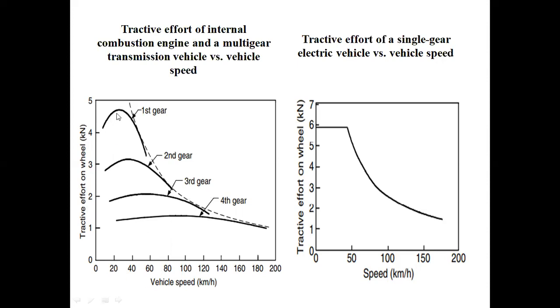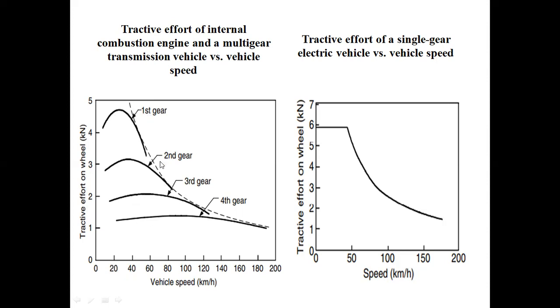When the vehicle is moving with first gear, the speed of the vehicle, here mentioned in kilometers per hour, is low.